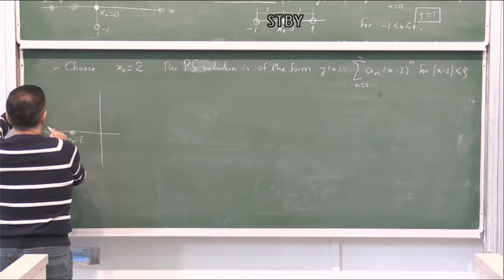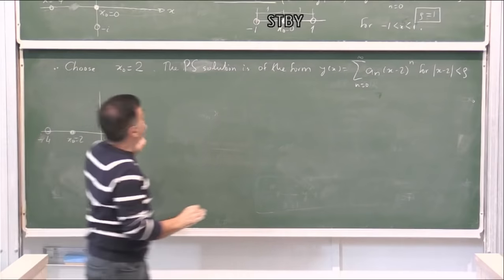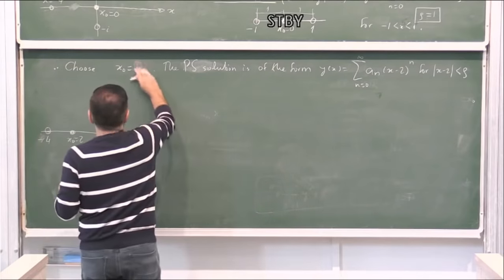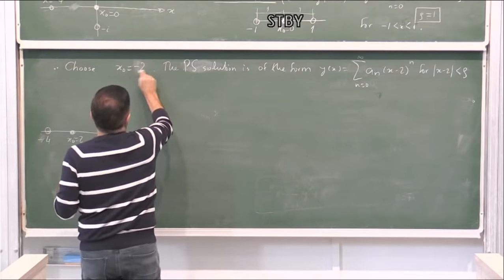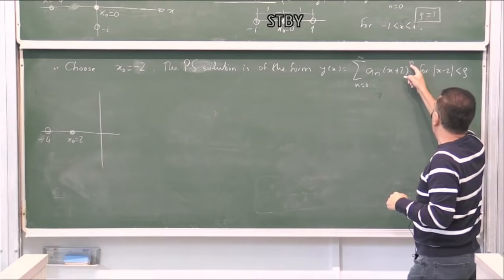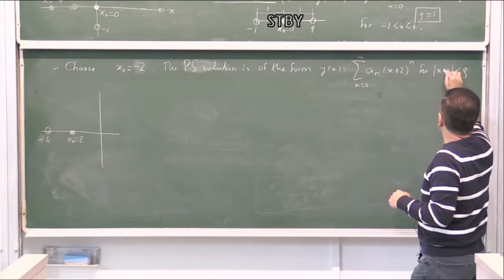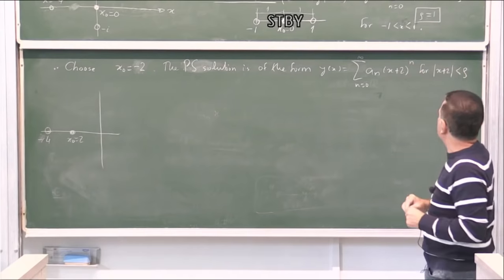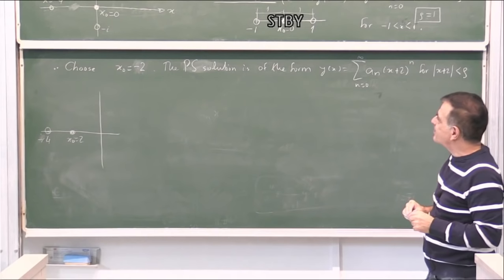Here is a singular point at minus 4. Let's say minus 2, let's choose minus 2, sorry. So the solution is of this form: x plus 2 to power n. So x plus 2 should be smaller than rho.